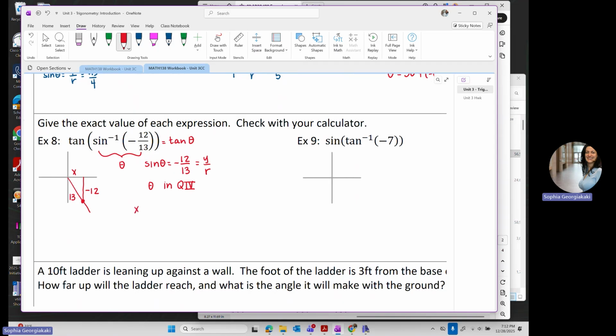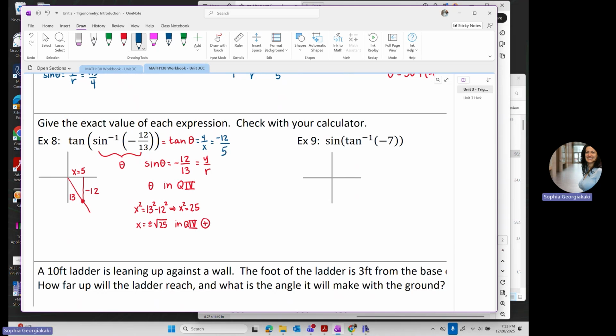So x squared will be 13 squared minus 12 squared, and that makes x squared equal to 25. That means that x is plus or minus the square root of 25. But in quadrant 4, it is positive. So x is equal to 5. Now I'm looking for the tangent of theta, which is y divided by x, and that will be negative 12 over 5.